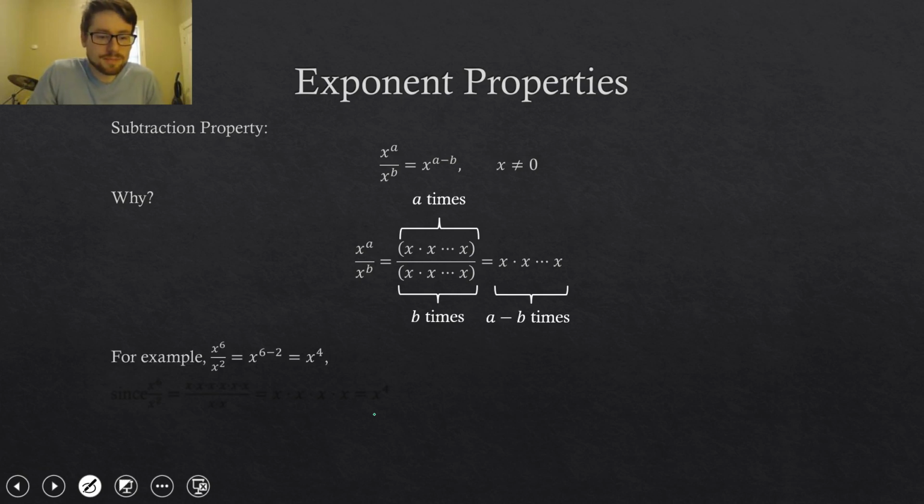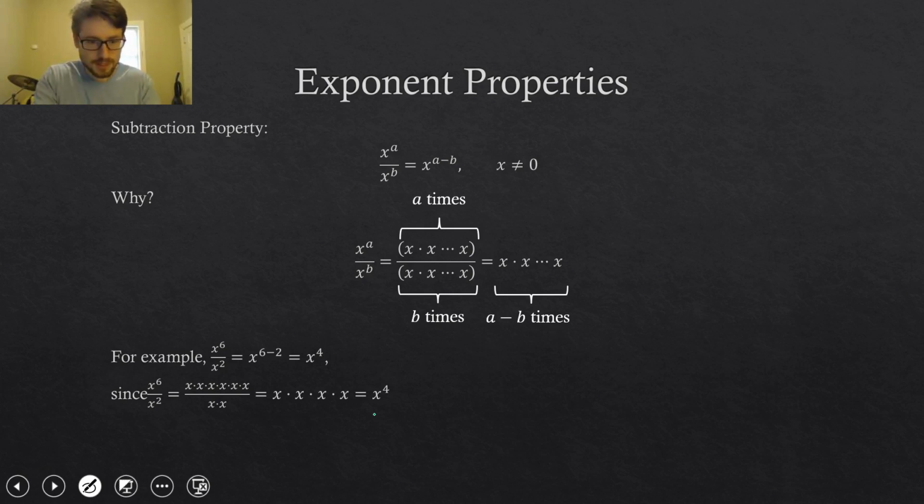So for example, here's x to the 6th divided by x squared. Well, that's going to get you x to the 6 minus 2 as the result, which is x to the 4th power. And why is that the case? Well, we write it all the way out. X to the 6th is x times itself 6 times. And x squared is x times itself twice.